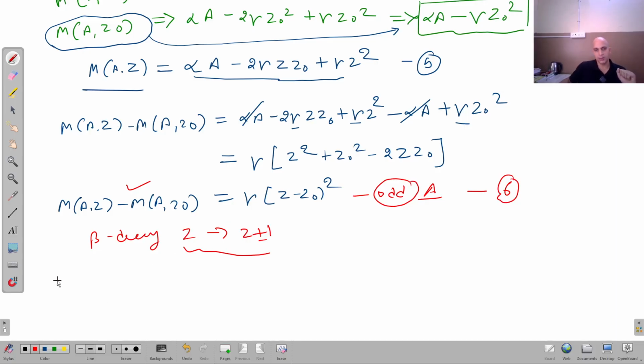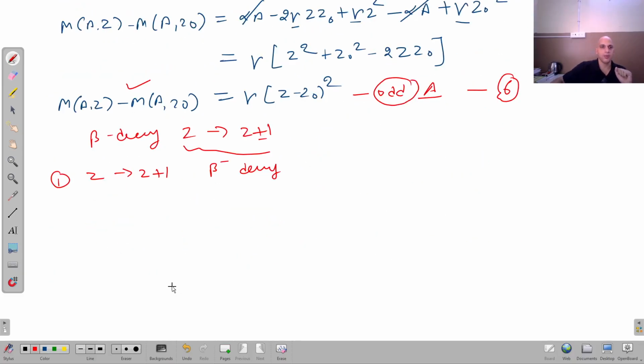So let's consider the first case when Z goes to Z plus 1, that is beta negative decay, or electron emission. So in that case, equation number 6 will become, that will be the Q value of beta negative decay, that will be M A Z minus M A comma Z plus 1.